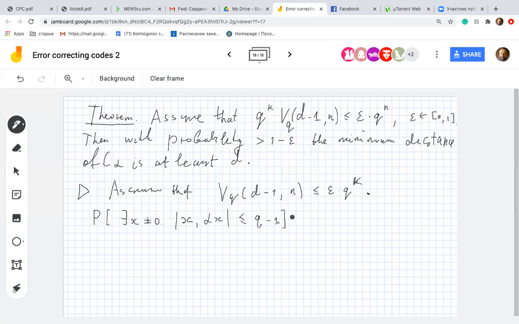The probability of this event may be rewritten as follows: the probability that there is x and y, where x is non-zero and y denotes alpha x, such that alpha y is equal to alpha x, and the Hamming weight of x, y is at most d minus 1.